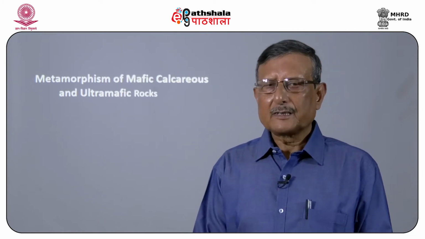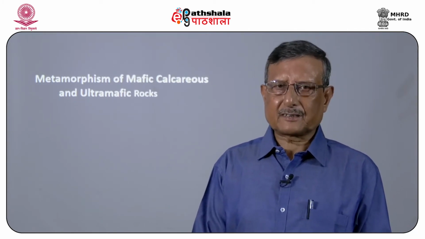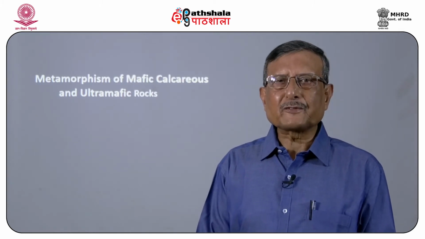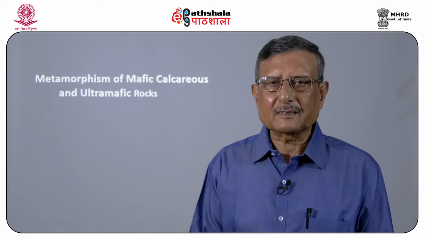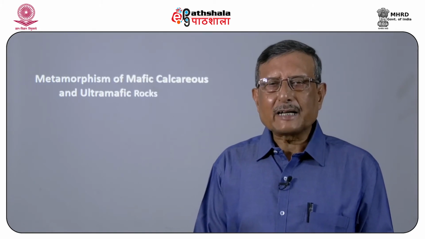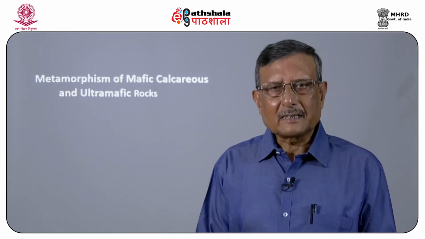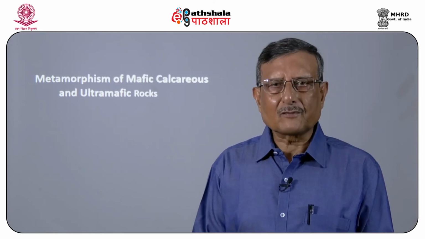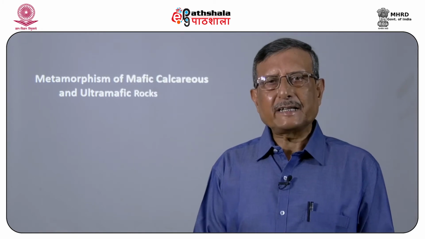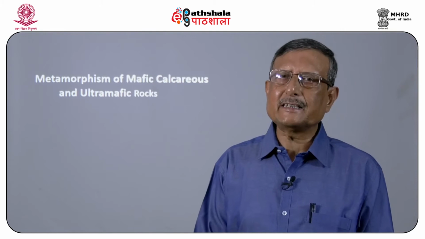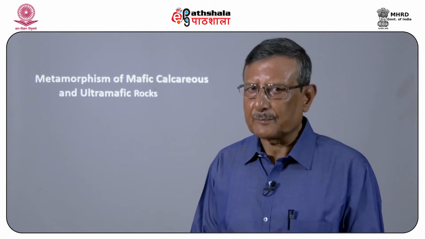We move on to the low pressure facies series. Here, the sequence of metamorphic facies is completely different. We have albite epidote hornfels facies giving way to hornblende hornfels facies, giving way to pyroxene hornfels facies, giving way to sanidinite facies at the highest temperature.